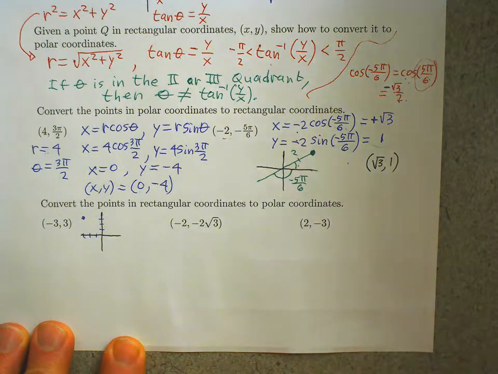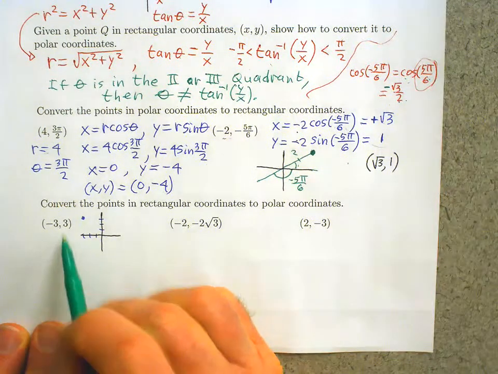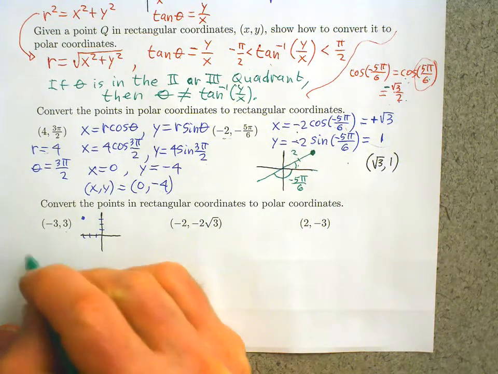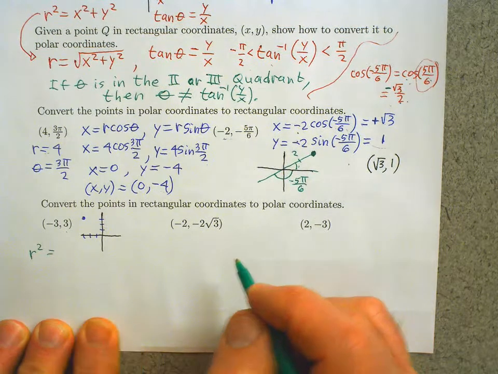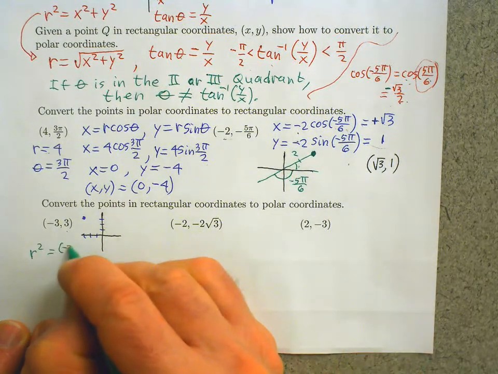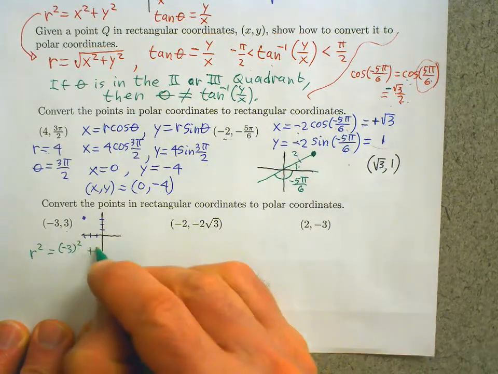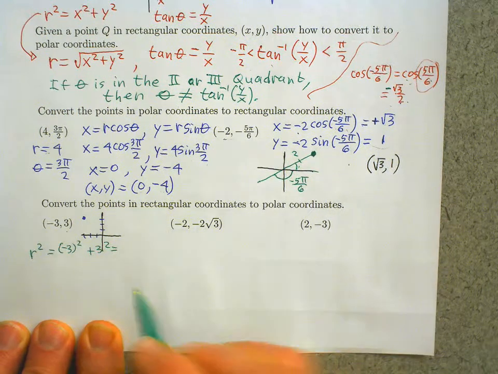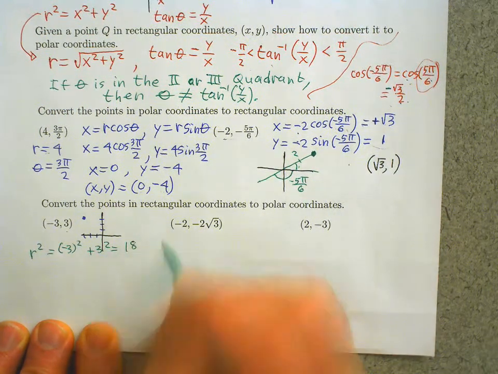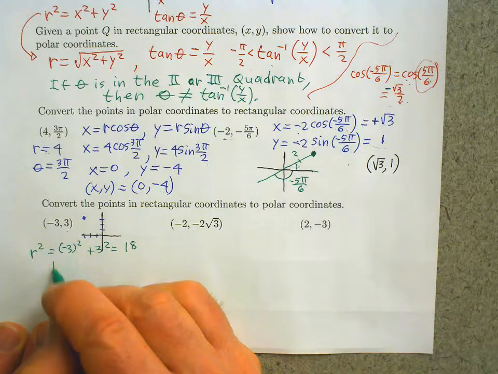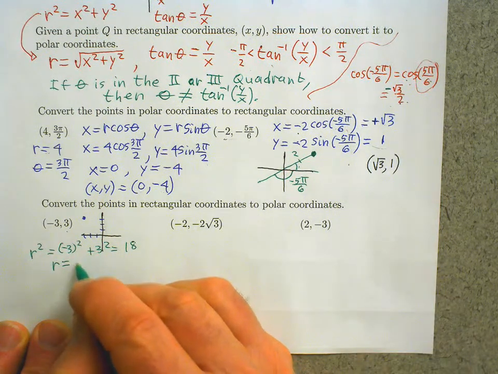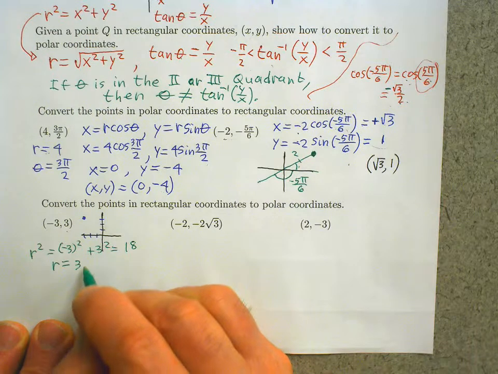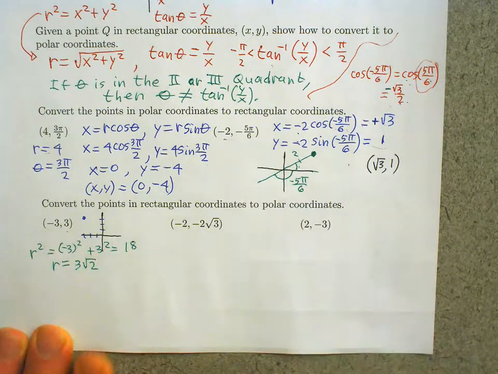Okay, so the x value is negative 3, and the y value is 3. Remember that r squared is x squared plus y squared, so negative 3 squared plus 3 squared, or positive 18. So the r value we want is 3 times the square root of 2 when we take the square root of 18.